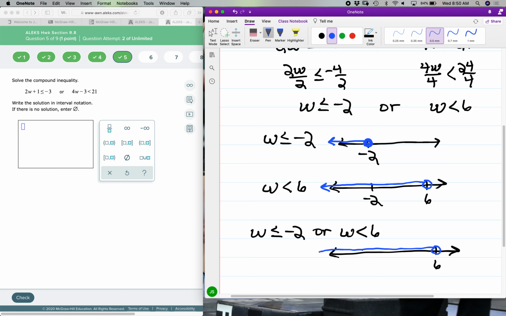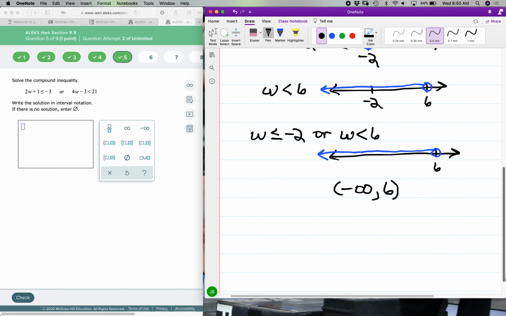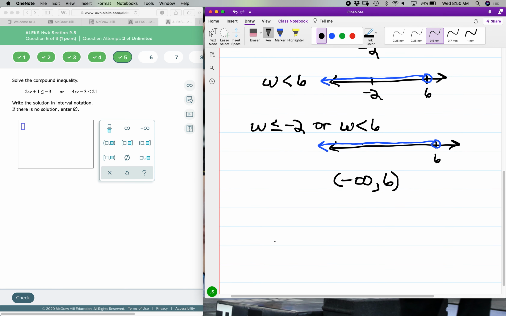And this is going to be your result. Now your interval solution in this case would be from negative infinity, your lower limit, up to and not including 6. So you have open parentheses throughout. Okay, and let me just mention this just a little further.